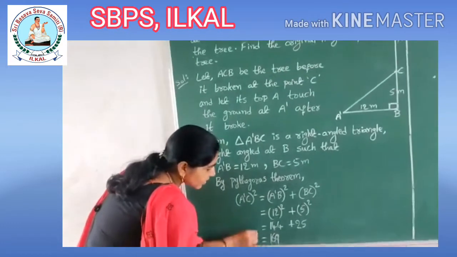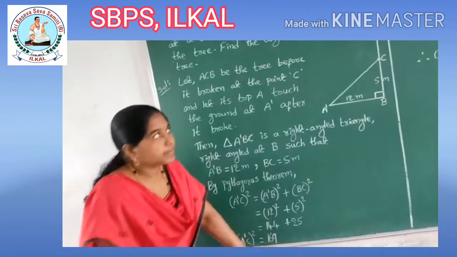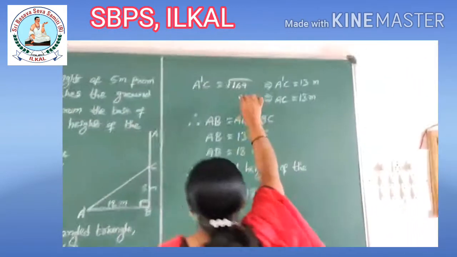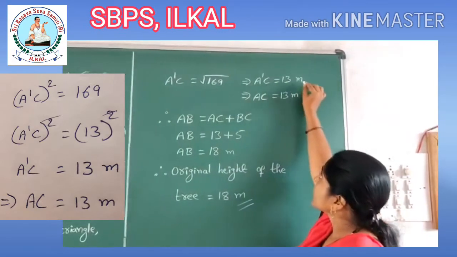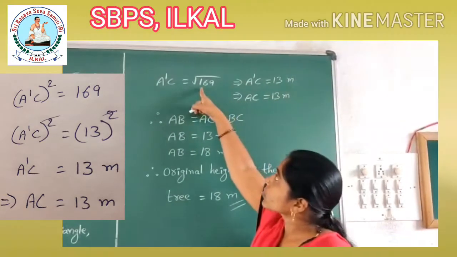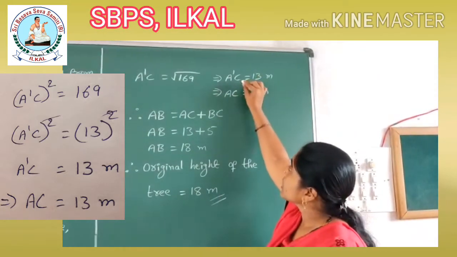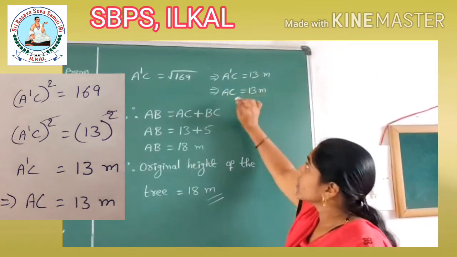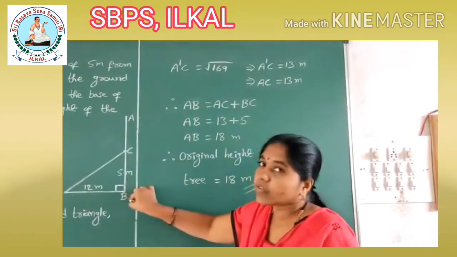So A dash C square is equal to 169. Square you transpose to root, it will become A dash C is equal to square root of 169. Then A dash C is equal to 13. Square root of 169 is equal to 13. A dash C, which is AC only we can consider, is equal to 13 meter. Therefore, AB distance we want, children.